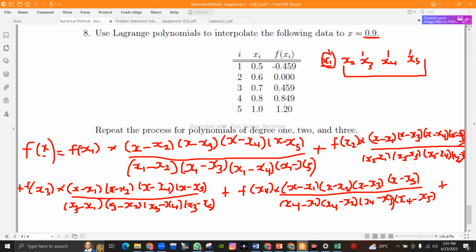So let's interpolate f of x5. That's f of x5 times, now to be x minus x1, x minus x2, x minus x3, x minus x4. It won't get to x5.